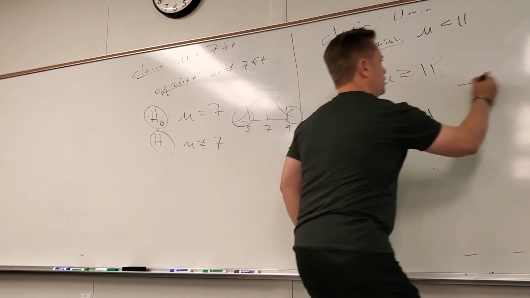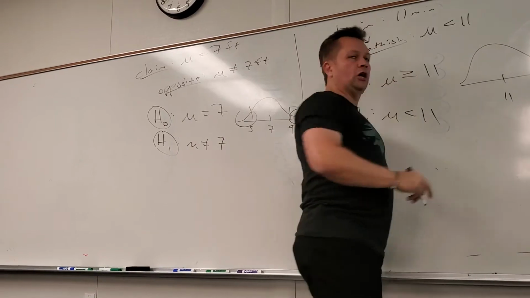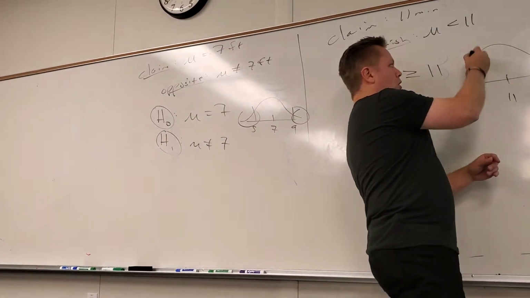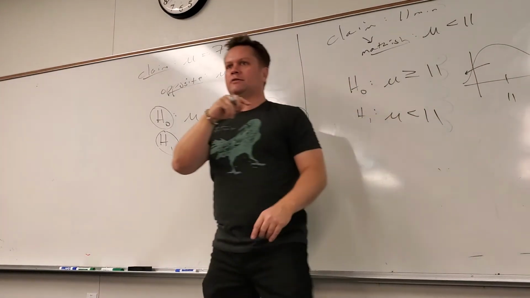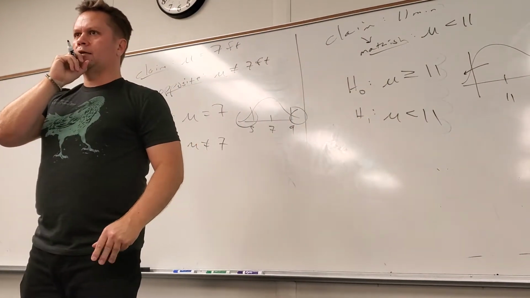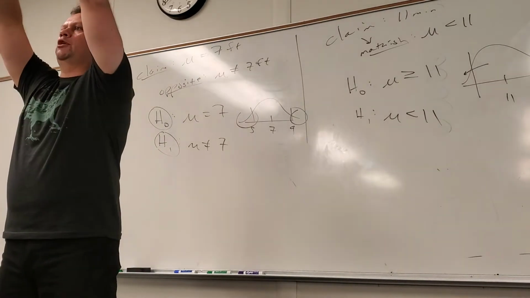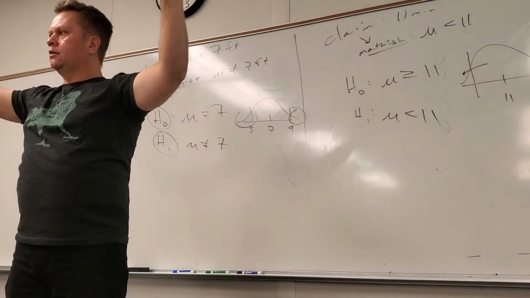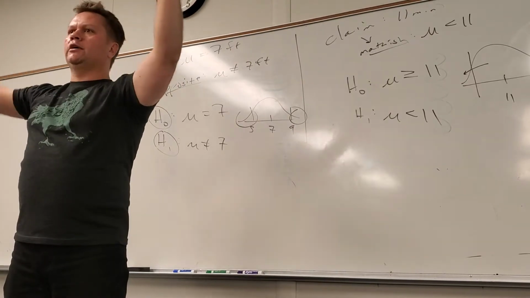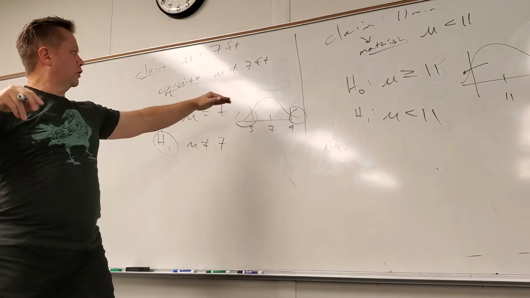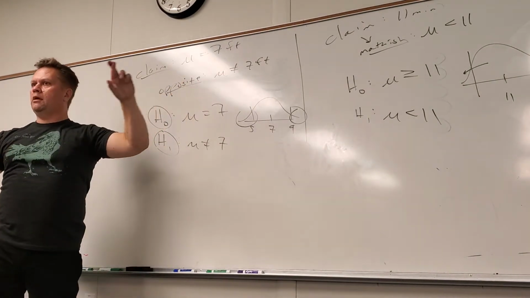So where on the picture should that show up then? Is that okay if it's up here? No. Only down here would show evidence. I like it. So that would be a one-tail test. And now you see why the T-score chart has one tail, two tail. Confidence intervals are always two tail. Hypothesis tests could be one or two. Depends on what it is you're working with, right? Okay, maybe.